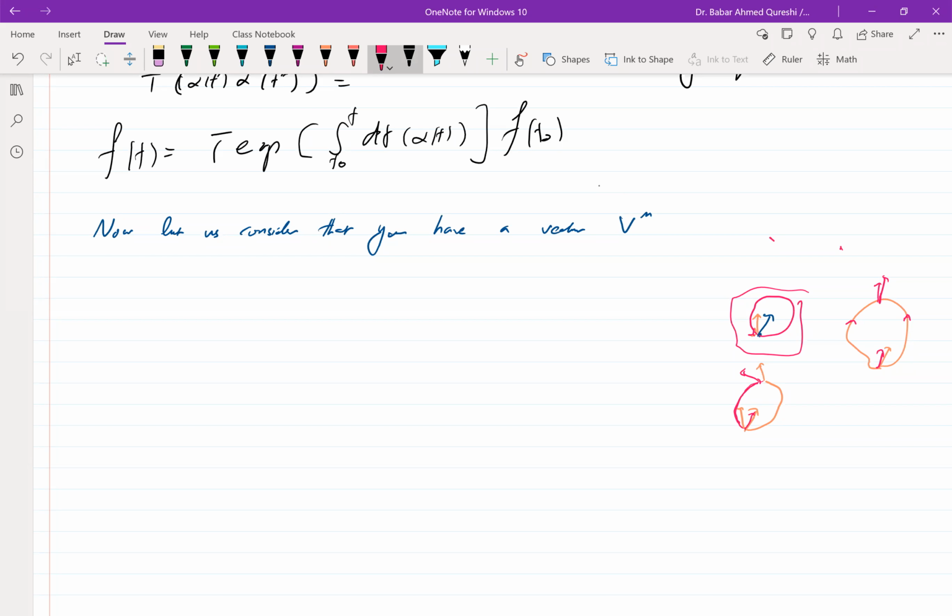So we are parallelly transporting, and the vector is v mu and the curve is x mu of tau. So I can also write the tangent vector of the curve.